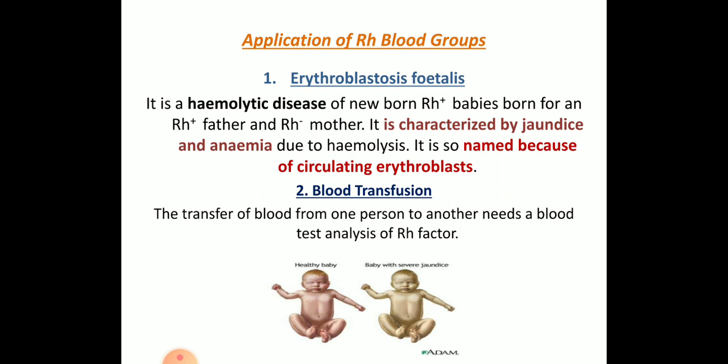The name has been given due to the circulating erythroblasts. And blood transfusion, the transfer of blood from one person to another, so the Rh factor has to be tested. As you can see in the picture, the healthy baby is normal in color, but in the anemic or jaundice condition, the body becomes yellowish in color, and if you test the blood, it will be anemic.